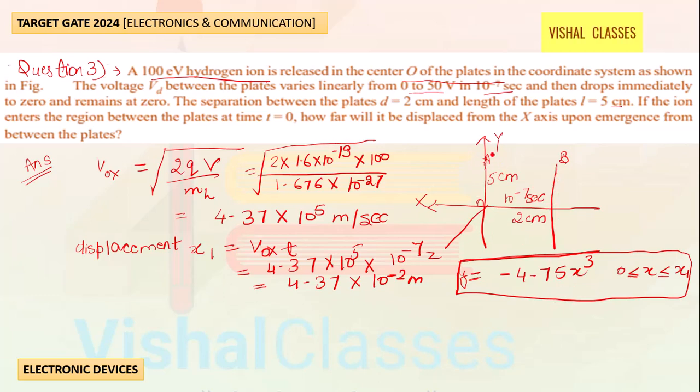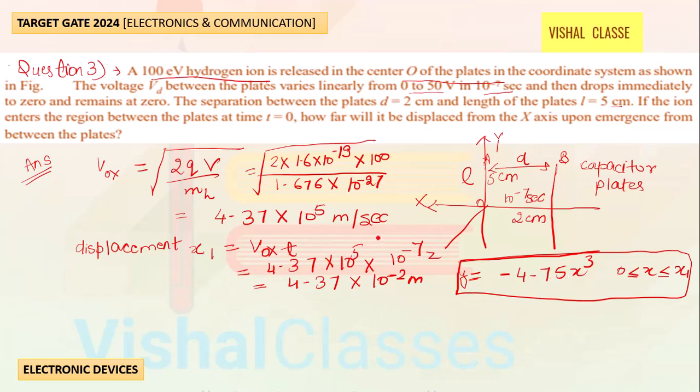Make this diagram and write that these are capacitor plates, this distance is d, and the length of plates is L. Write this formula: y is equal to minus 4.76 x cube.